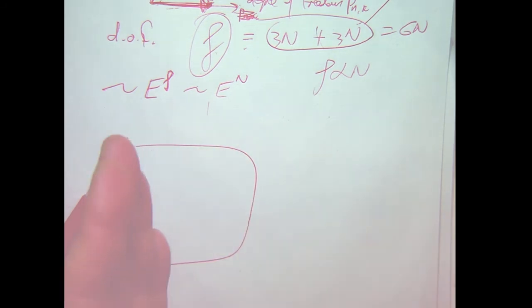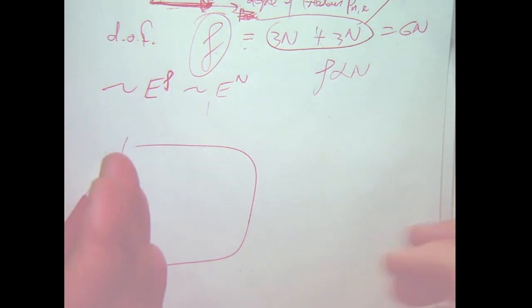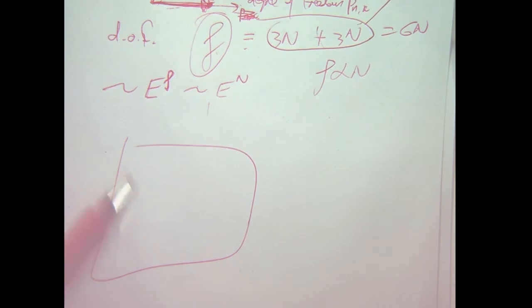That increases the number of degrees of freedom, even if I don't change the energy. And that's enough to increase the entropy because the molecules can't get back to a two-dimensional gas by themselves, unless I do that again. Yeah.